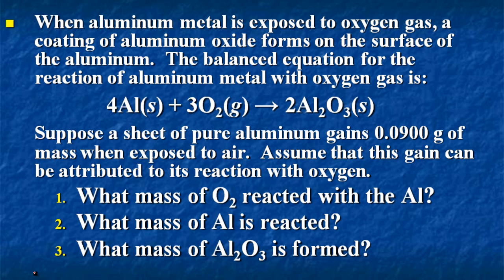Another question, mass to mass conversion. So here, read the question carefully. When aluminum metal is exposed to oxygen gas, a coating of aluminum oxide forms on the surface of the aluminum. The balanced equation for the reaction is given as 4 Al reacting with 3 O2 and forming 2 Al2O3.